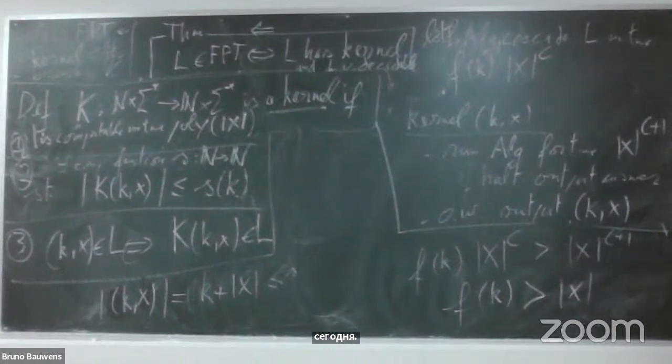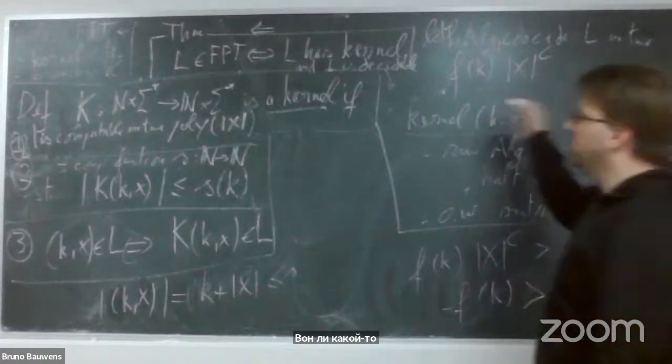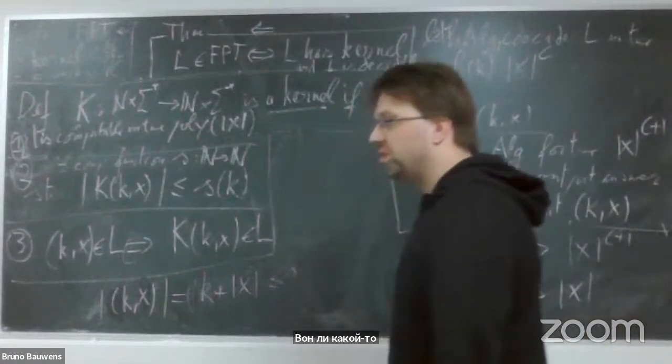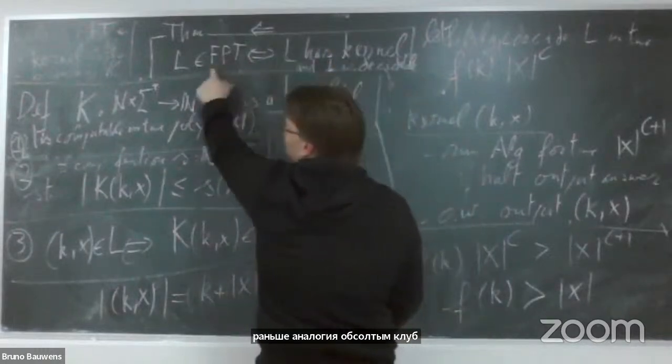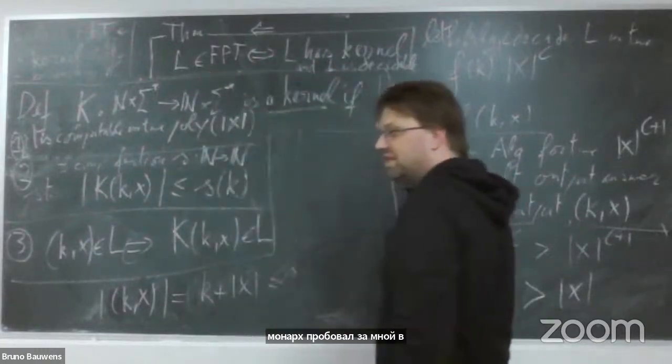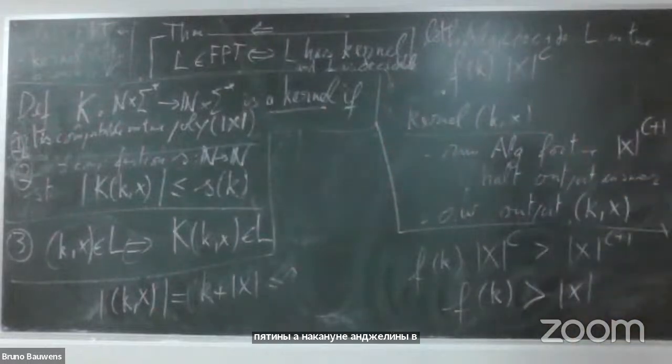When did we prove the first statement, that f of k multiplied by...? That was in the other direction. So now we have something cool. When our problem is in FPT, we have a kernel, and then we went from times to plus. But that's kind of logical with these huge functions.